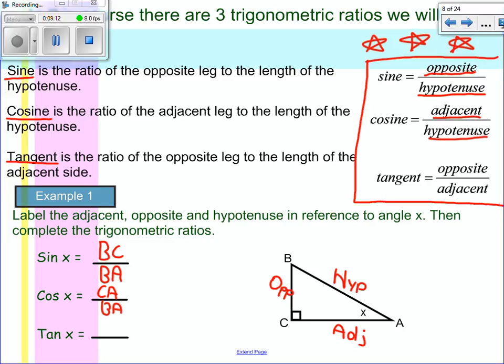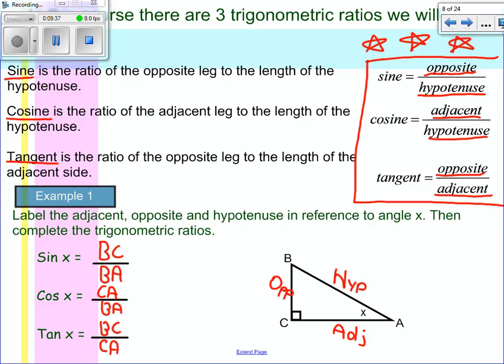Tangent. Tangent is equal to opposite divided by adjacent. We know that by looking at our formula. The opposite side is BC. Our adjacent side is CA. Easy peasy, right? Good.